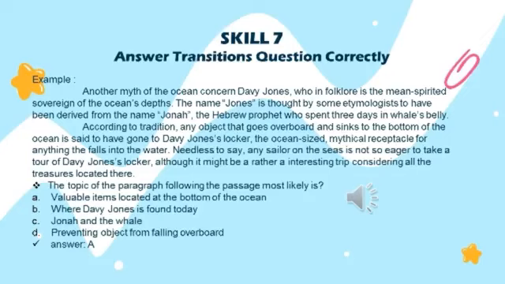The second tip is where to find the answer. The answer can generally be found in the first line of the passage for a preceding question, and the answer can generally be found in the last line for a following question.